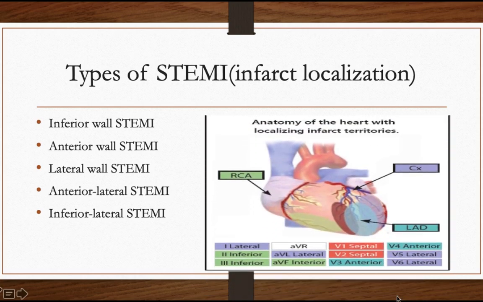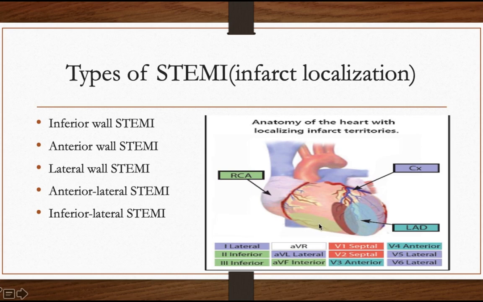When we say inferior STEMI, then we mean the area which is supplied by the right coronary artery as well as the right marginal artery. So areas involving the right ventricle, as you can see in green over here.